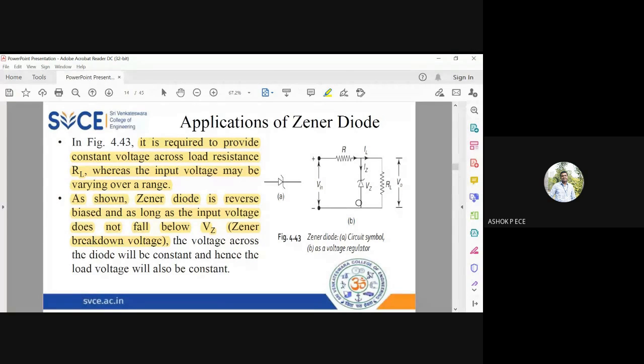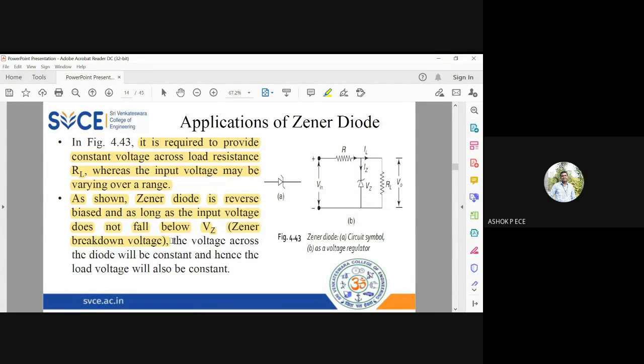So first thing is, for the Zener diode to be used as a voltage regulator, you have to apply an input voltage which should be always greater than VZ. At no point should Vin be less than VZ, which will make your device go below the breakdown voltage region.